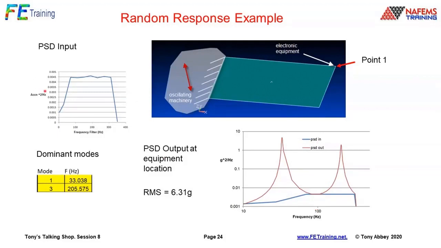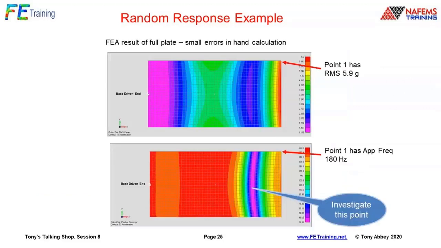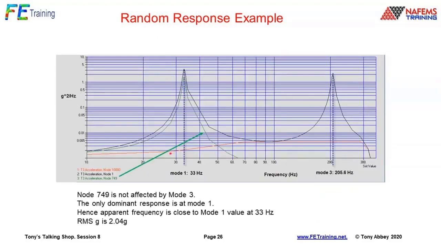So here, what we're finding is the apparent frequency down at this point is lower. It's actually down very close to that first resonant frequency, which is giving us a little bit of a clue. So if we look to see what's actually happening there, this is the output PSD in the green at that particular point. Node 749 is that interesting position where we could put a piece of equipment.